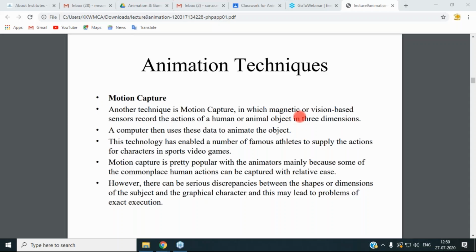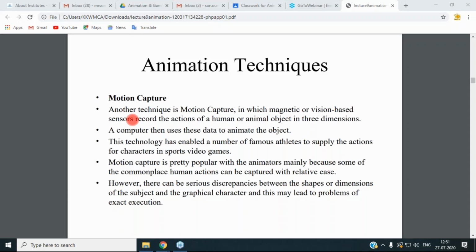They were recording the videos or checking the motions using some kind of technique. So motion capture is nothing but the same thing, that we are using some kind of sensors which are kept on the man's body, and they are trying to record all the actions, how he is walking, how he is running, maybe how he is crying or laughing.